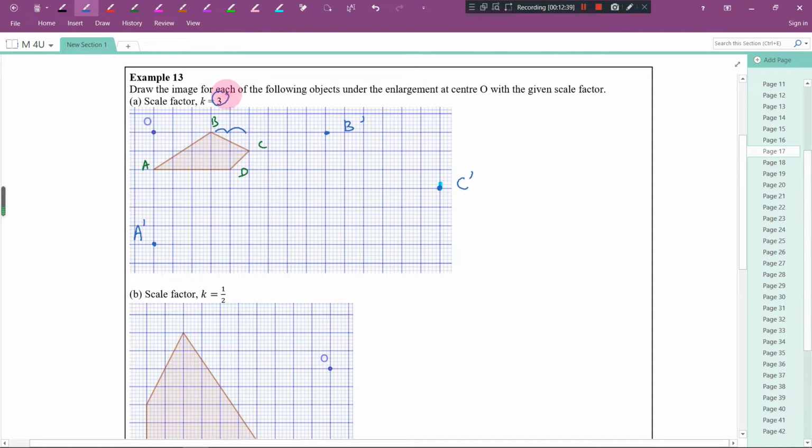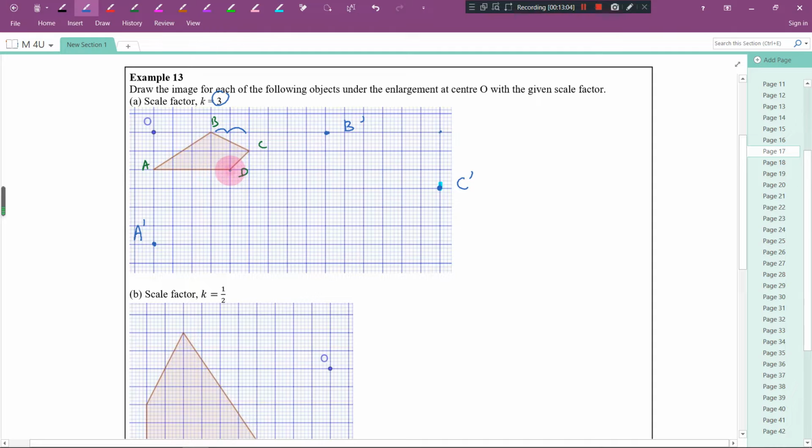Since the scale factor is 3, the 2 will become 6. 1, 2, 3, 4, 5, 6. And then go down 1. Because the scale factor is 3, we are going to go down 3 units. 1, 2, 3. You will get the same position as well. This is another way to help us get the image faster.